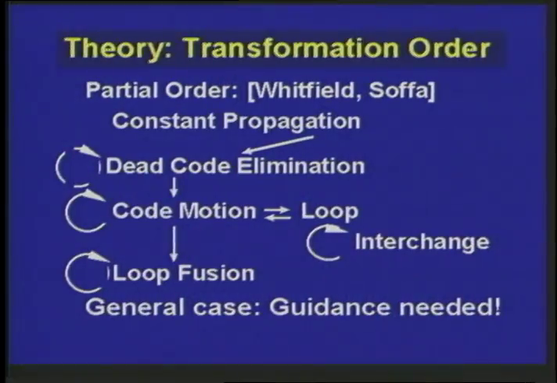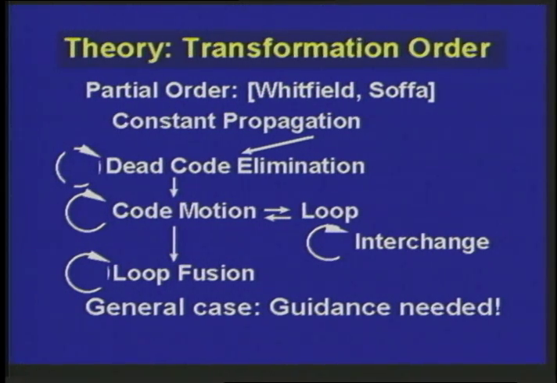In fact, there's been some very nice theory about this. This is the work of Debbie Whitfield and Mary Lou Soffa, who suggested a partial order for transformations based on their enabling and disabling properties. So for instance, you see in this suggested partial order that constant propagation indeed comes before dead code elimination, which comes before code motion, which comes before loop fusion.